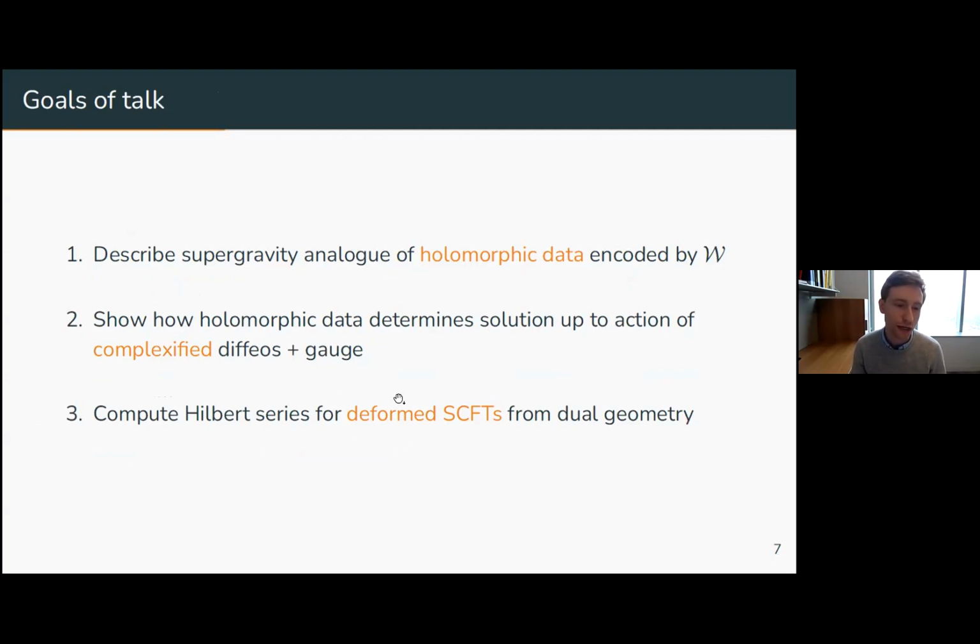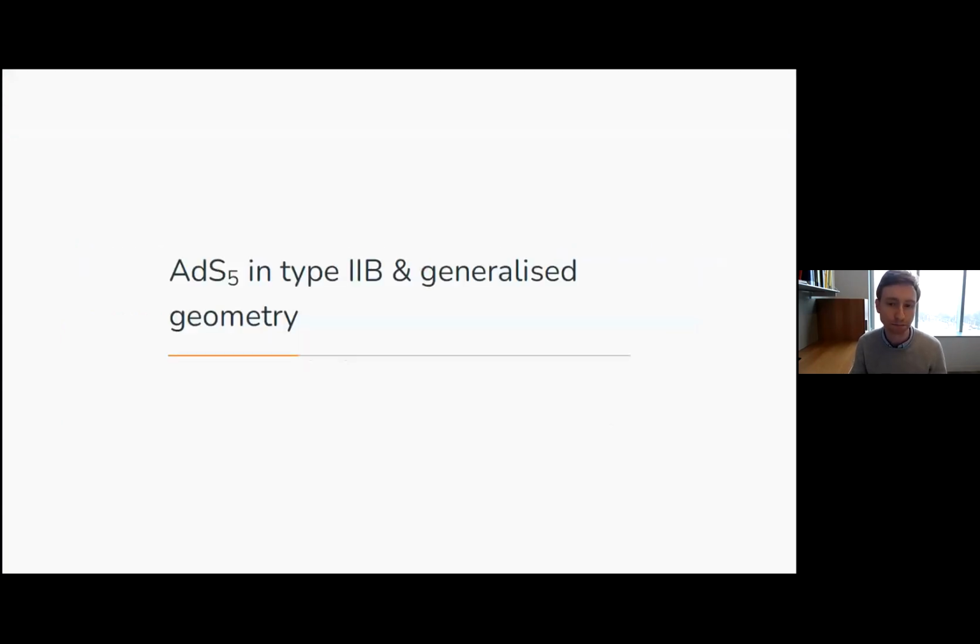And then finally, using this data, I'll tell you how to compute these towers of chiral fields and compute the Hilbert series for these deformed field theories from the dual geometry. These are going to be new results for things like deformations of T11 and so on. This is all really a question about how you calculate the moduli and how you calculate towers of KK modes for general flux compactifications. So that's going to be the takeaway from this.